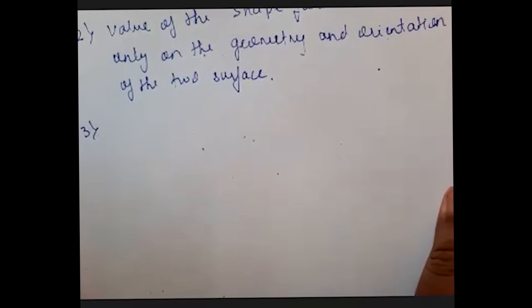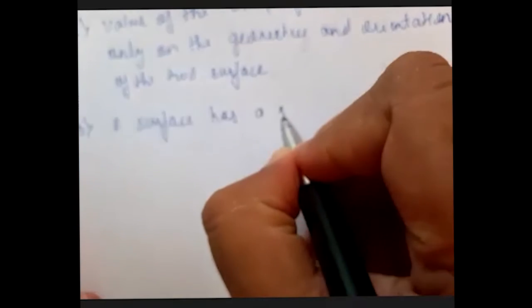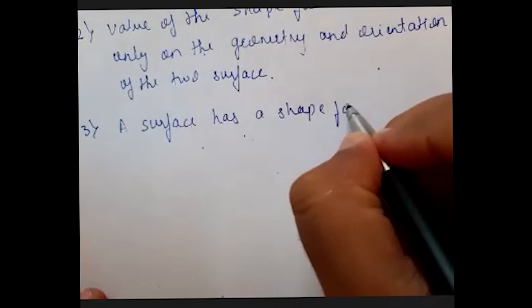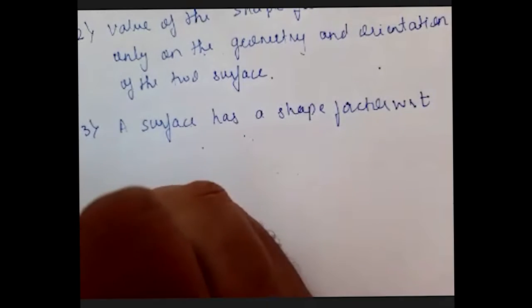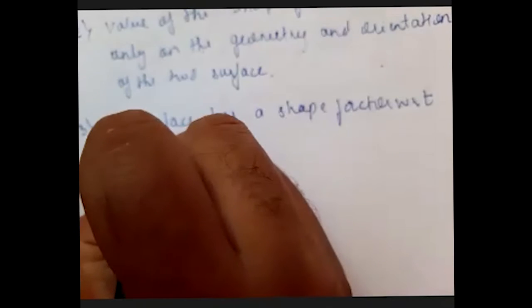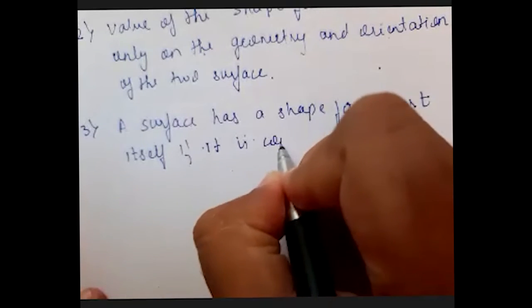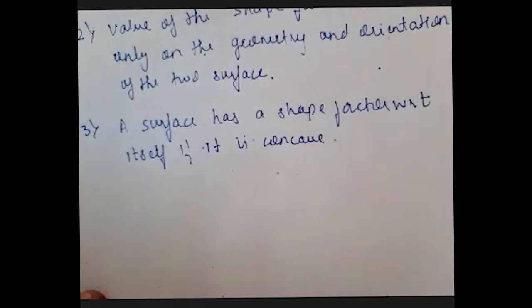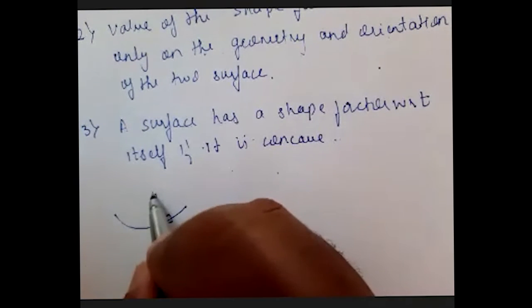The third one is that a surface has a shape factor with respect to itself if it is concave. Say suppose I have a concave surface like this. I have an elemental surface area which is emitting radiation.